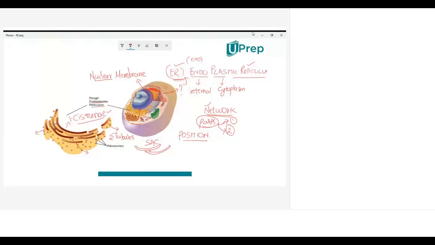Then other than cisternae and tubules, you have small vacuole-like structures throughout the endoplasmic reticulum. These are called the third part of the endoplasmic reticulum, called vesicles. So we have three different parts.